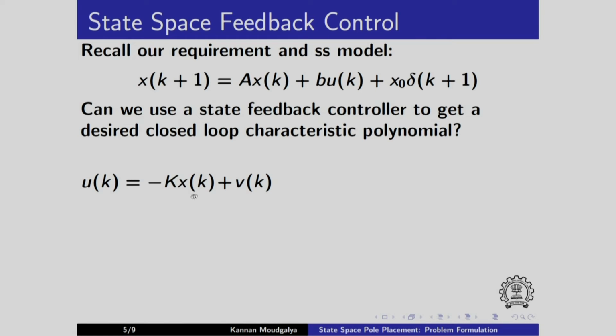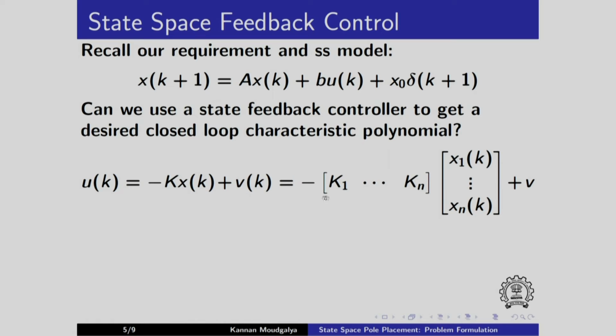So this x is the state, it is a vector, it could have n components. So I write it like this: x is x1 through xn. So K also has to be the transpose of a vector which also has n components, plus v. What is v? V can be thought of as the offset.